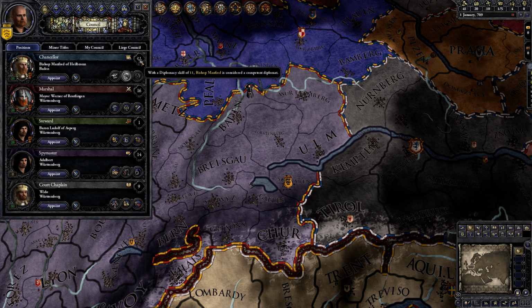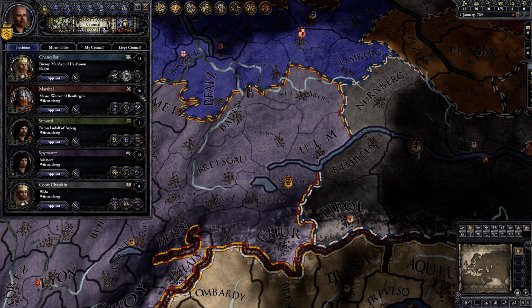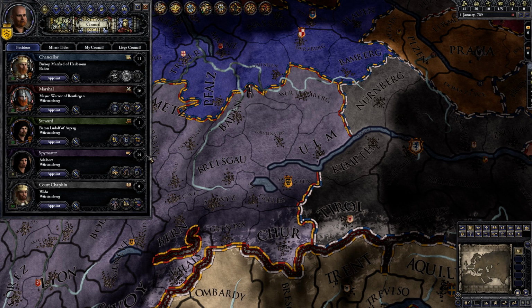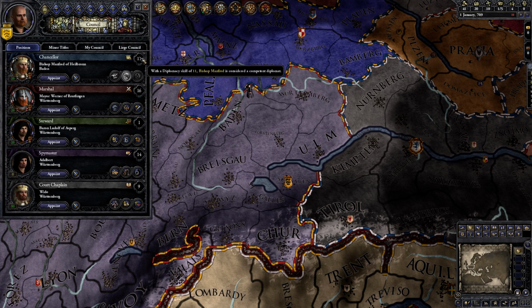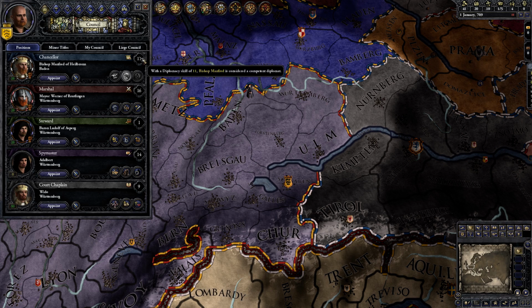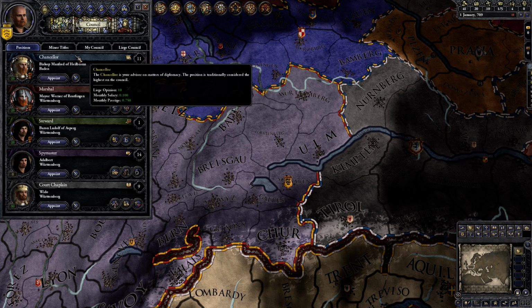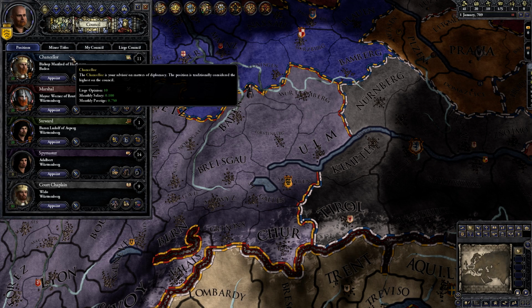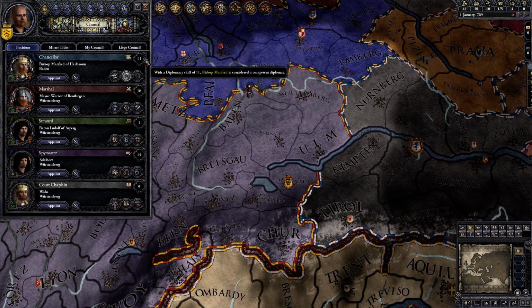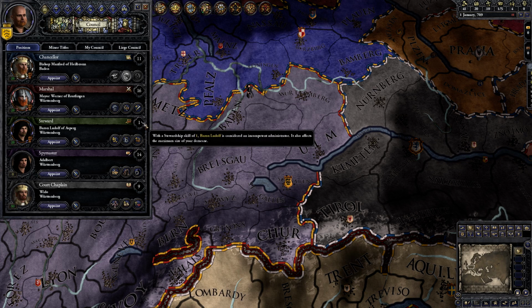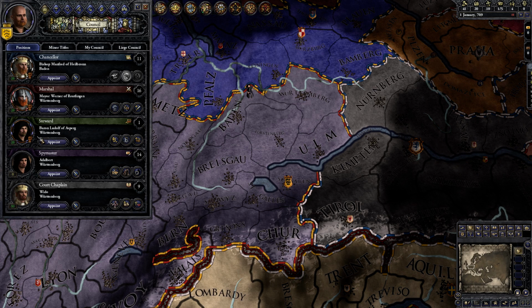This is the competence of your respective council members. The Chancellor with 11 is considered a quite competent diplomat. This guy, Stuart 1, he is really bad.